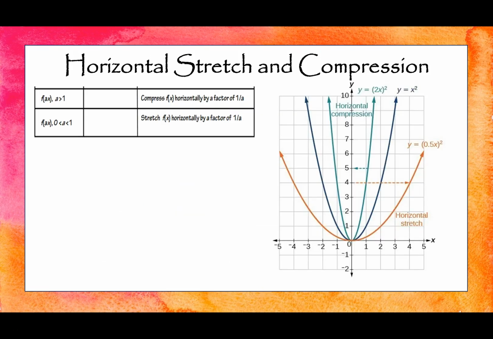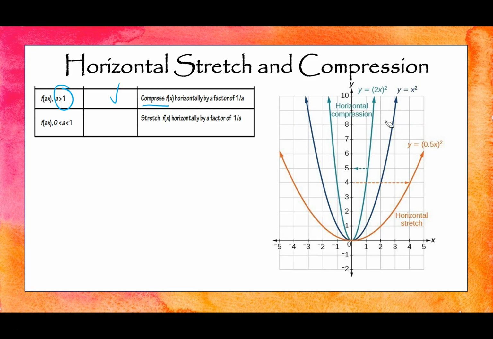All right, last one I want to cover is this idea of horizontal compression and horizontal stretching. And so what we have here is in parentheses, we have a number that's greater than 1. So that's going to be this case right here where we're compressing it. And think about this as taking this blue thing and pushing it in horizontally, and that's how you get to the turquoise.